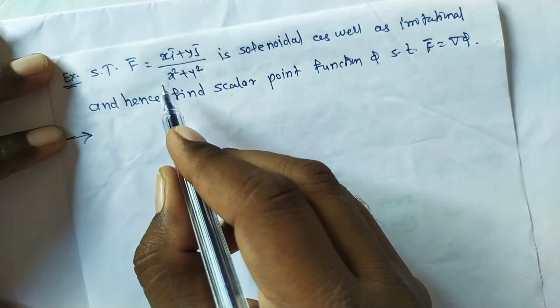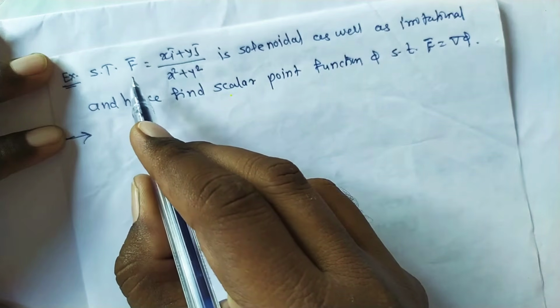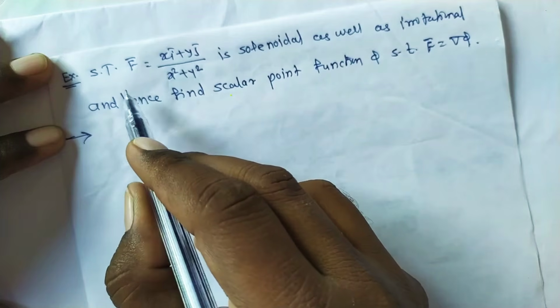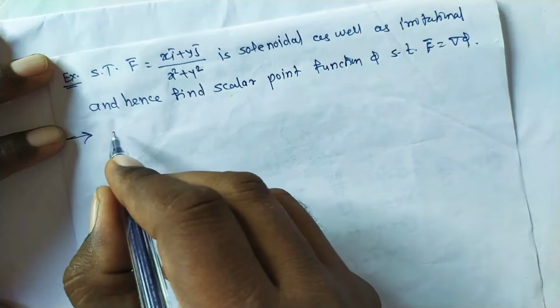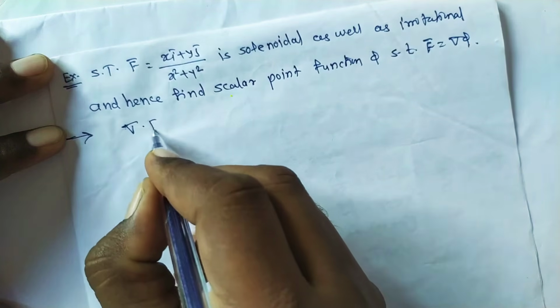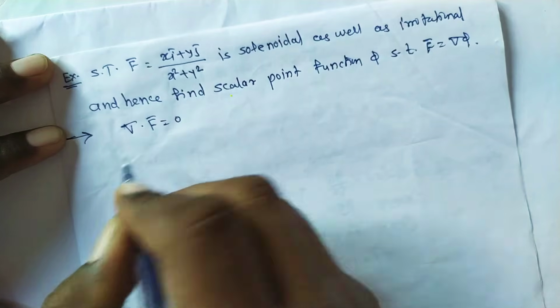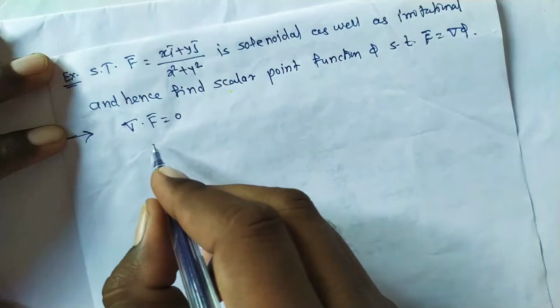Now think about this F bar and decide when F bar is solenoidal and when it is irrotational. We know that F bar is solenoidal if del dot F bar equals 0. So for solenoidal we have to show that del dot F bar equals 0.